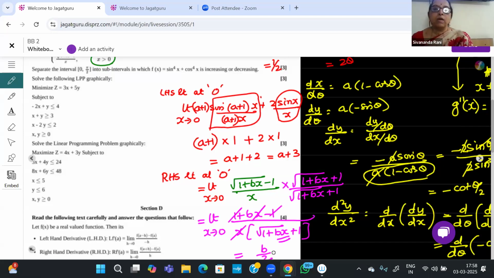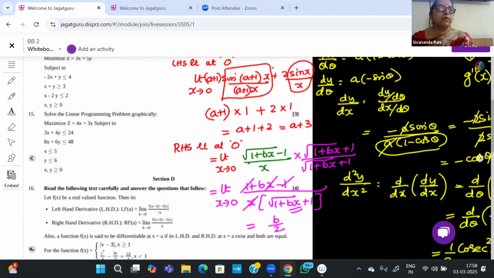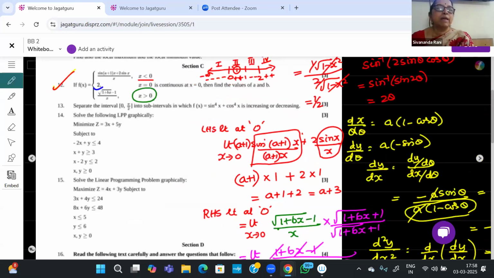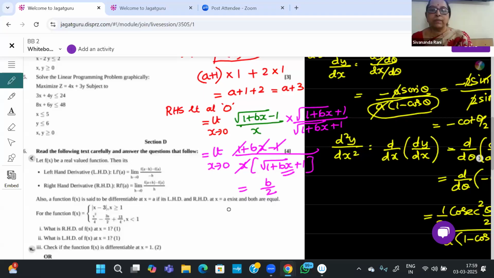Now, what is the LHS limit? LHS limit is a plus 3, but the functional value also is given here. That is f of 0, right? So we need to jot down that also. So for continuity, all these three should be the same. LHS limit should be equal to RHS limit.